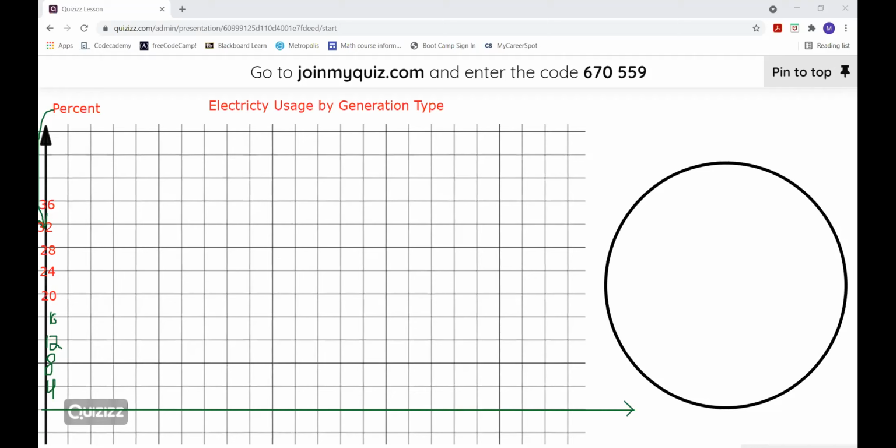And so what did we have? We had coal and gas, both at 33%. So I want to do coal and I want to do gas. And I want to draw them to 33%, which is pretty close to 32, a little bit above 32.